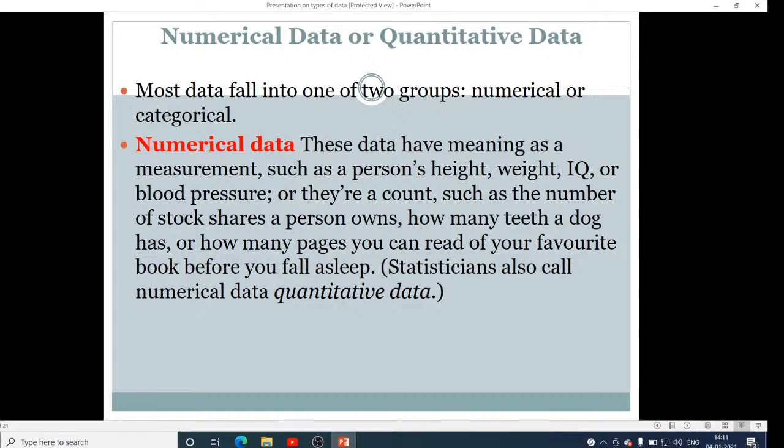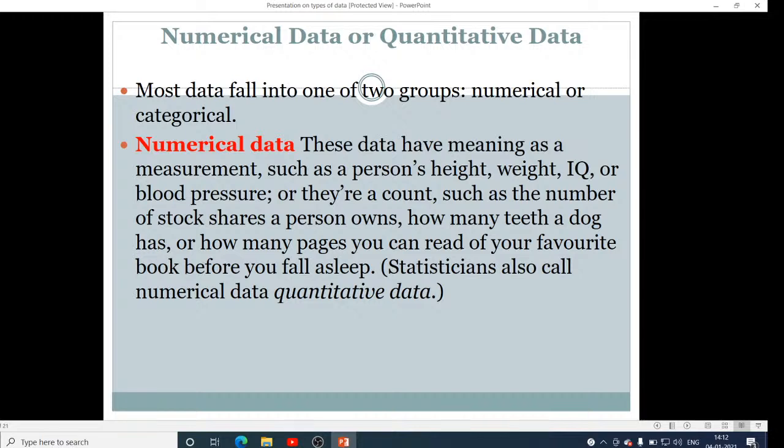Quantity means some amount of data, some amount of sugar, whatever it may be, we can count, we can estimate, or we can measure. This type of data we can analyze. Statisticians also call numerical data quantitative data.